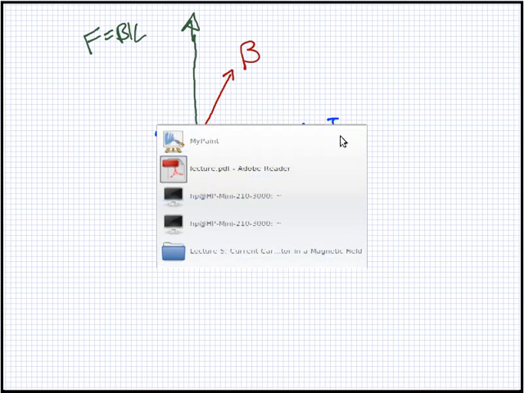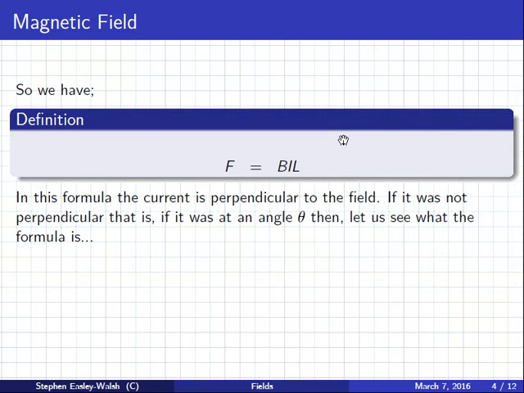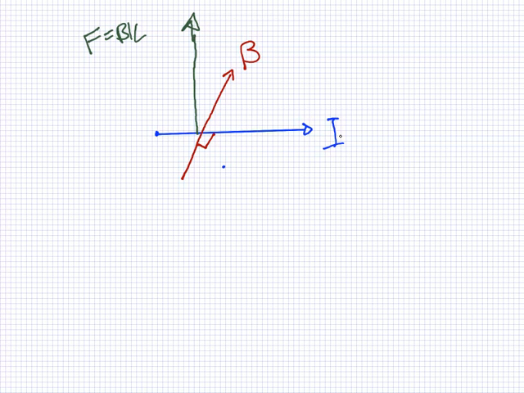But now suppose instead of being perpendicular, it was at an angle of theta. So in other words, let me just take this blue line again. So right now it makes an angle of 90 here and here. Let's imagine instead we draw it at an angle like this. So instead of being 90, it's theta.